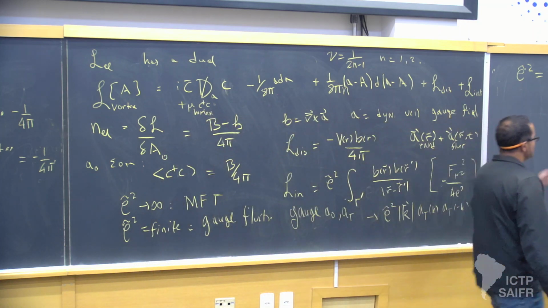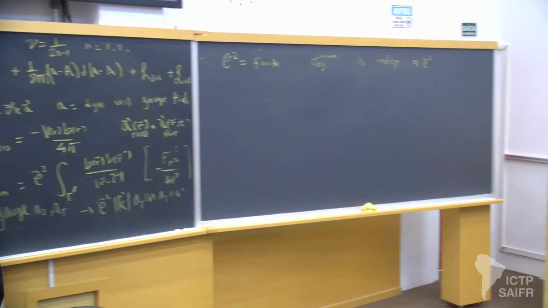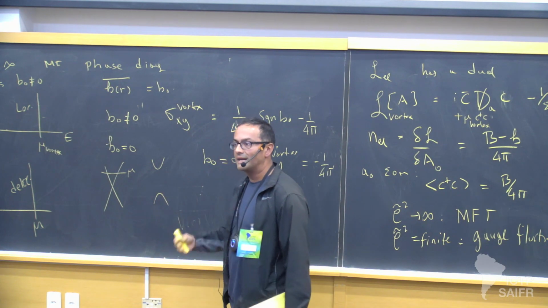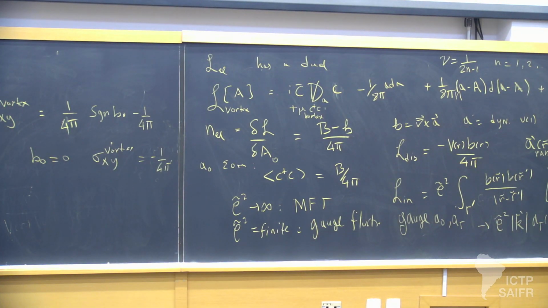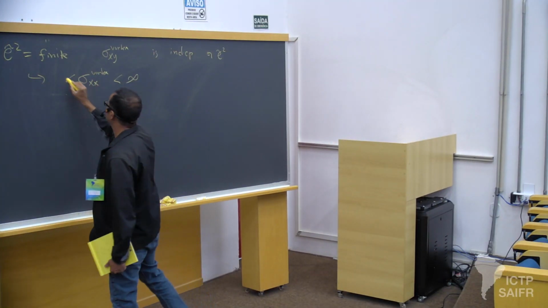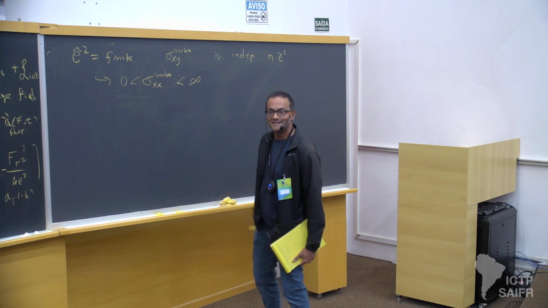But this means that even at finite E squared, at the critical point, due to the corollary of Laughlin's gauge argument, states at the Fermi level are not localized. So that means that sigma xx of the vortices, since the states are delocalized, is less than infinity and greater than 0. It's a rigorous bound of the conductivity, okay?